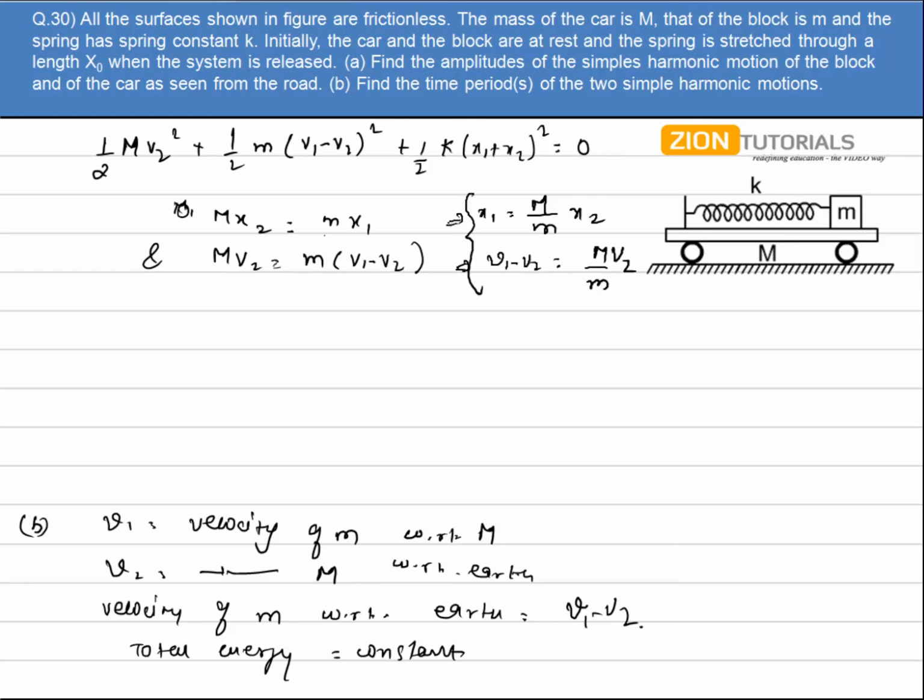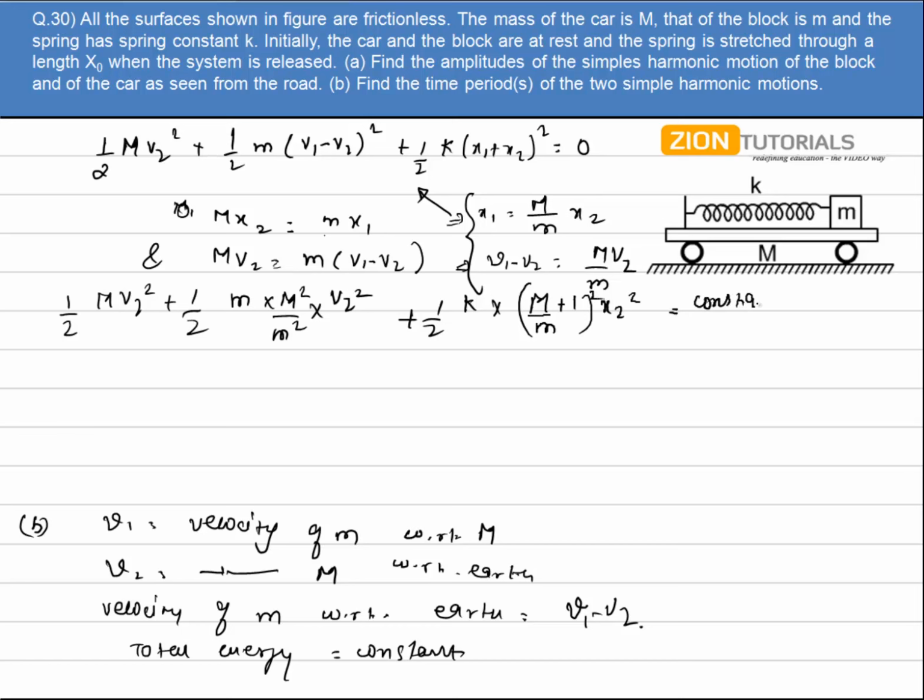Fine. Making these two substitutions in this equation, I have half of capital M v2 square plus half of small m into (v1 minus v2) whole square, that will give me capital M square by small m square into v2 square, plus half of k into (1 plus capital M by small m) x2, whole square, that is equal to constant.